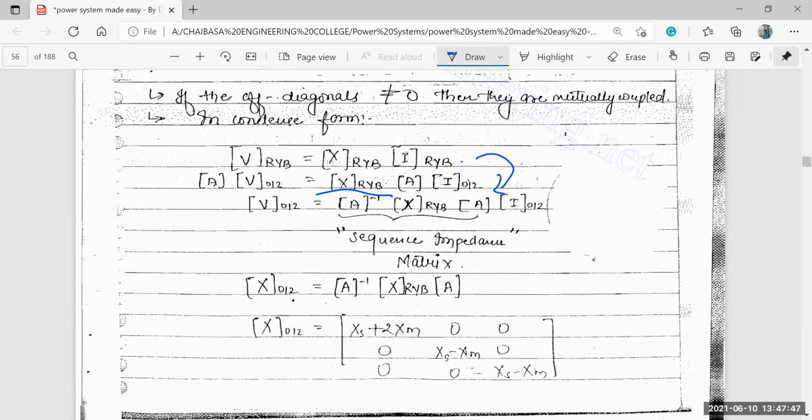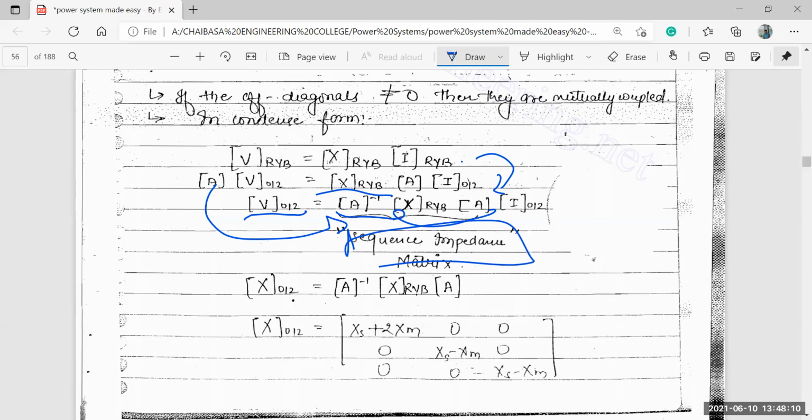Now if we take this in the opposite direction, V_012, that is the phase component voltages, equals A inverse of X into A into I_012. Now this is your sequence impedance that we have seen earlier.